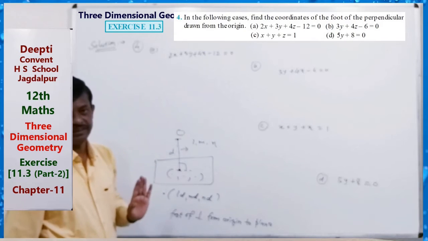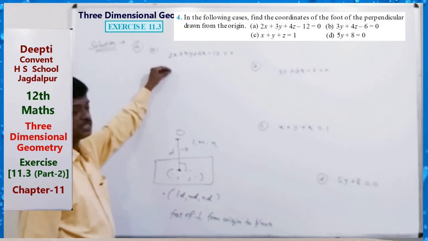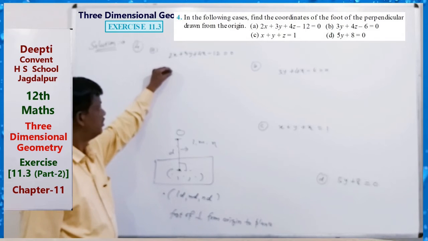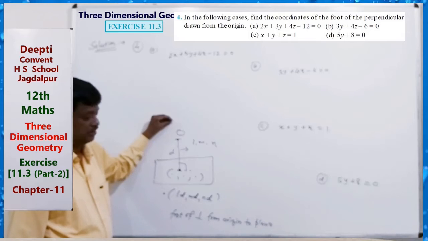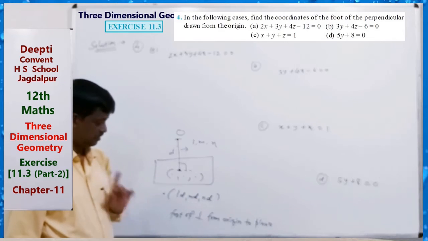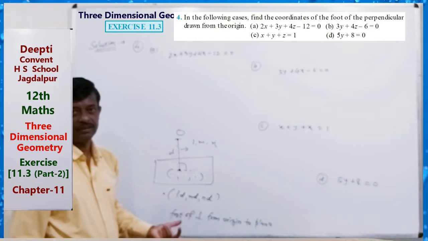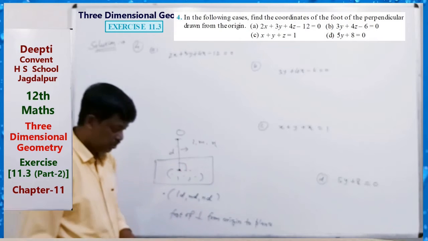So just find the distance D from the origin to the plane and the direction cosines of the normal.